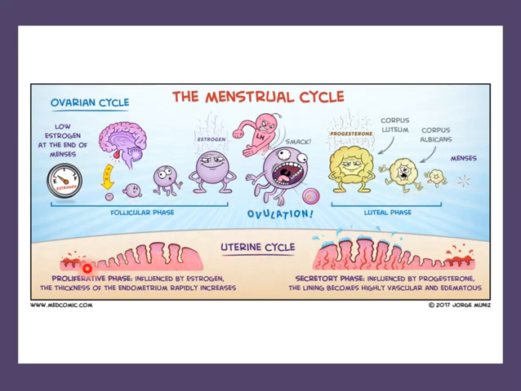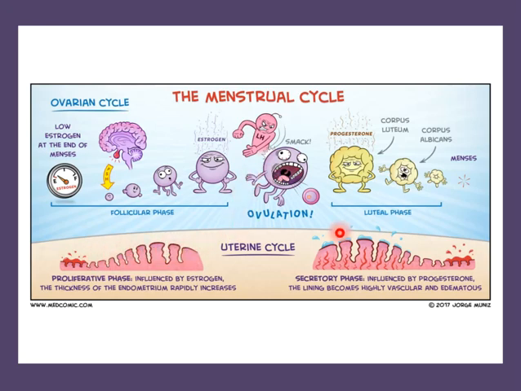And what happens in the endometrium in the follicular phase is called the proliferative phase in the uterus. Under the influence of the hormone estrogen, the functional layer of the endometrium will increase in size, and it will become very thick.